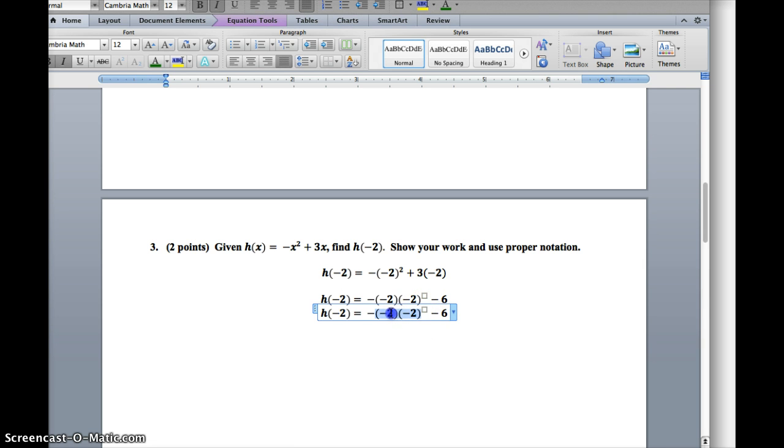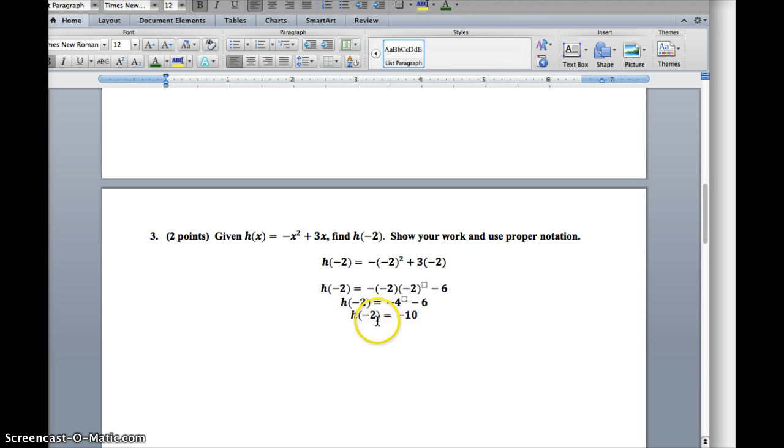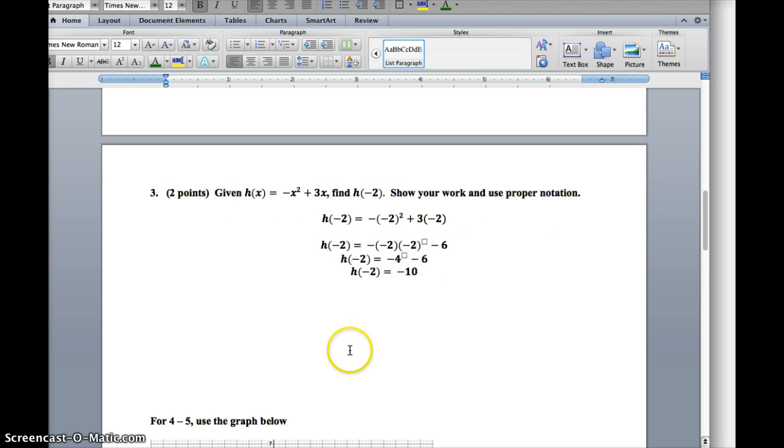And -2 times -2, let's replace that with 4. So then I get h of -2 equals -10. So when the input's -2, the output's -10.